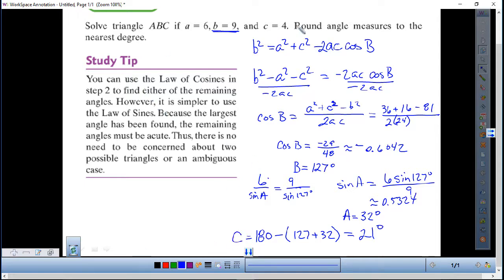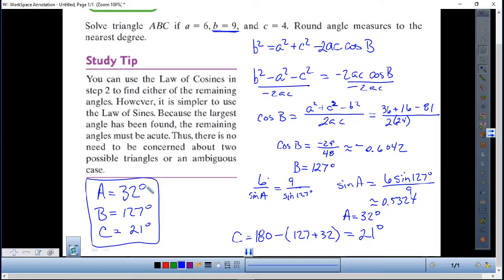So through our work here, we've found that A is 32 degrees, B is our 127 degrees, and angle C has a measure of 21 degrees. In this case, we were given the three sides, and we've solved it when we found all the angles.